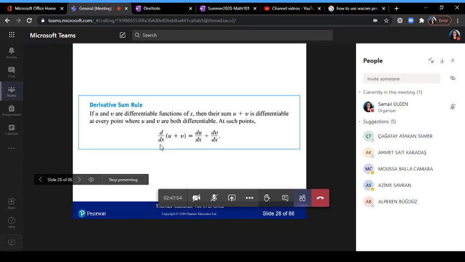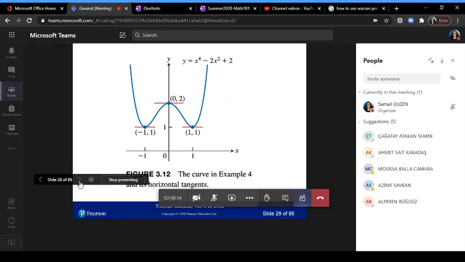This d over dx is notation from Leibniz, a famous mathematician, who found this notation. Whenever we have this in front of a function, we should understand that it is the derivative of that function with respect to the variable x.